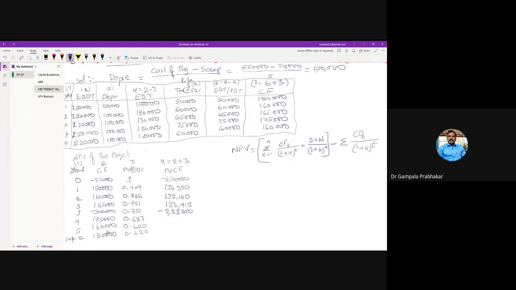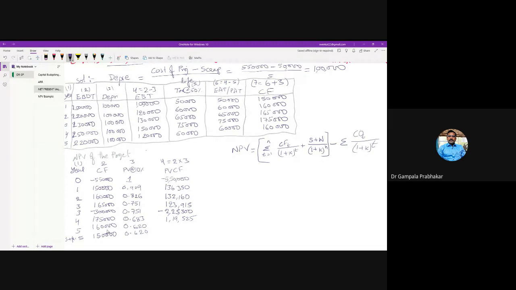Next, 1,75,000 into 0.683, that is 1,19,525.